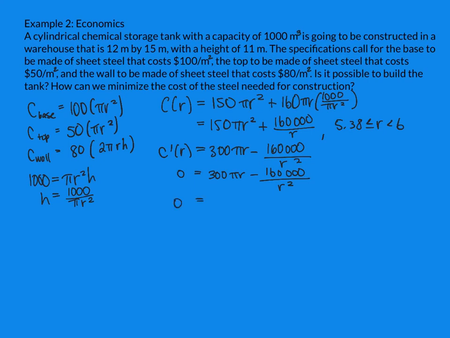So we still get 0 on the left, 300 pi r cubed now, minus 160,000, and we're going to rearrange this equation.